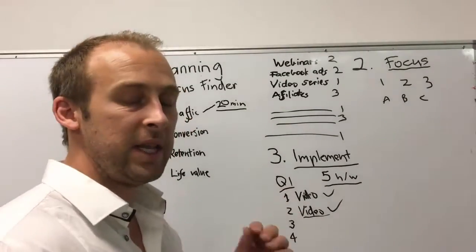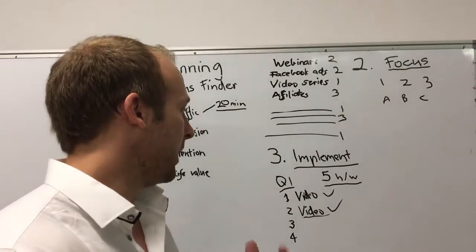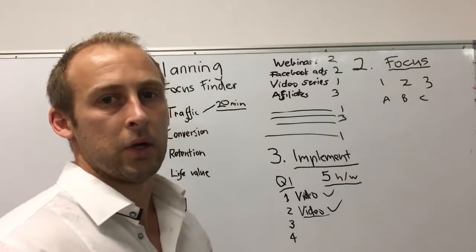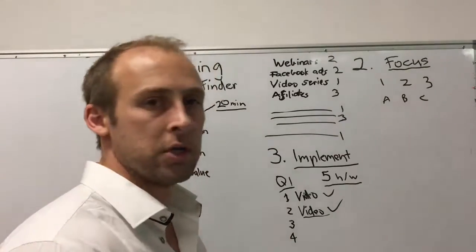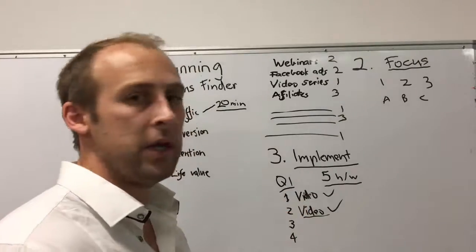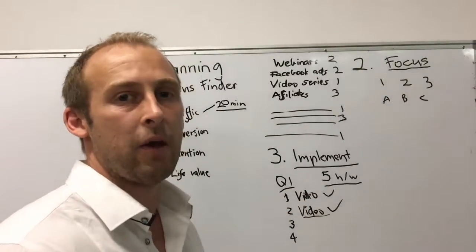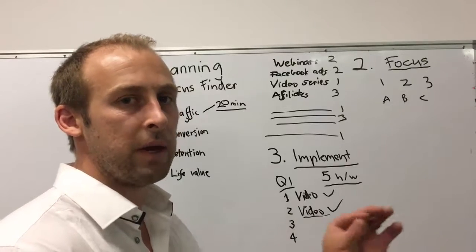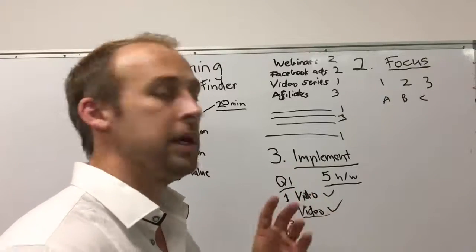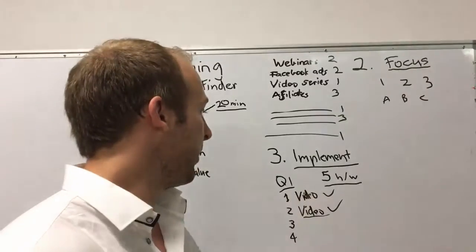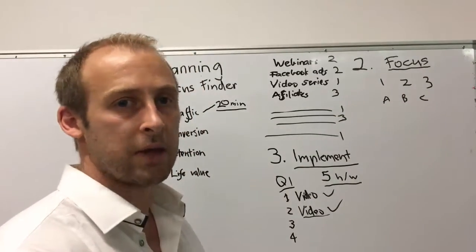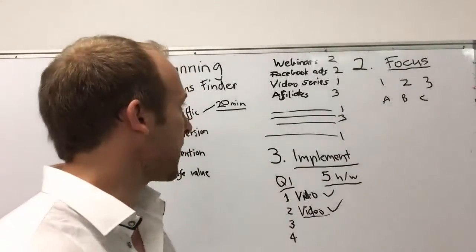So the idea is speed of implementation, and it's also important to not be a perfectionist. Shoot the video and get it out there, and see how your members resonate with it. It doesn't have to be A+ material. It can be your B+. You don't want to be releasing D rubbish out there, but implementation is key.